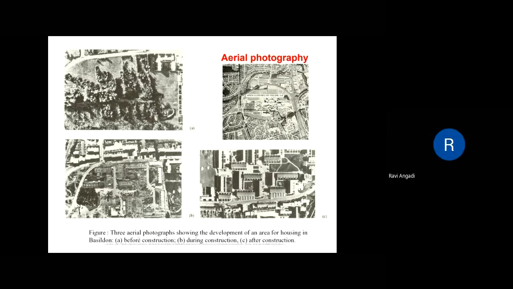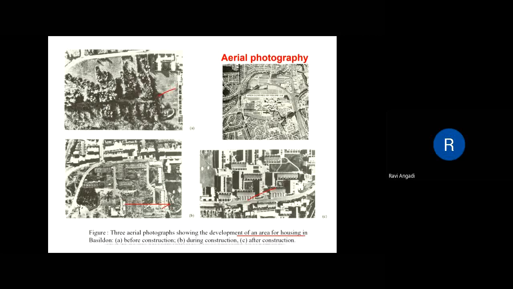So here are three aerial photographs showing the development of an area for housing at one of the sites. This is the first picture, a picture before construction, and the second picture is during construction, and the last one is after construction.